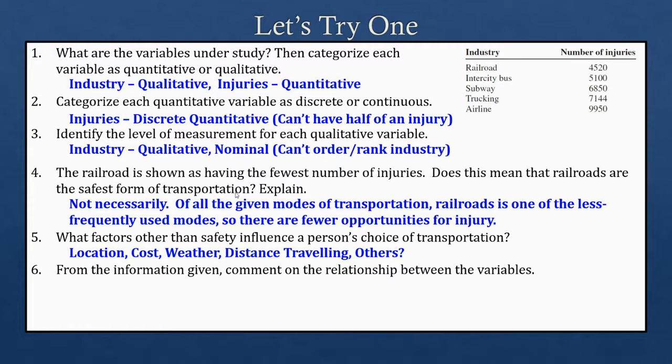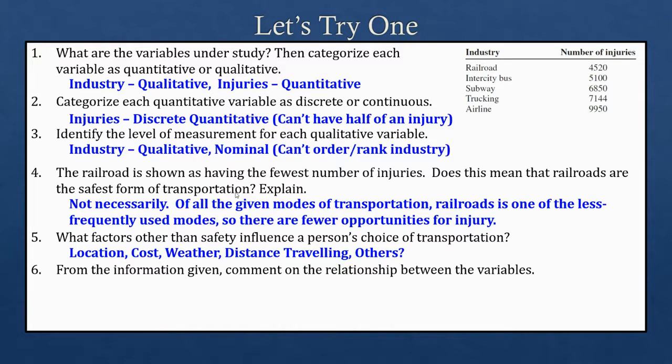I don't know where the nearest passenger car train would be for me to even access. How much it costs. If you don't want to spend a ton of money, you might be looking for a cheaper option. The weather, probably not a good idea to take an airplane somewhere when it's storming out really badly. There's lots of different things that could influence a person's choice of transportation besides just the safety.